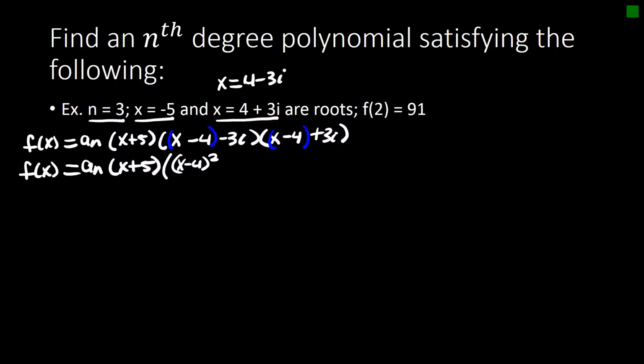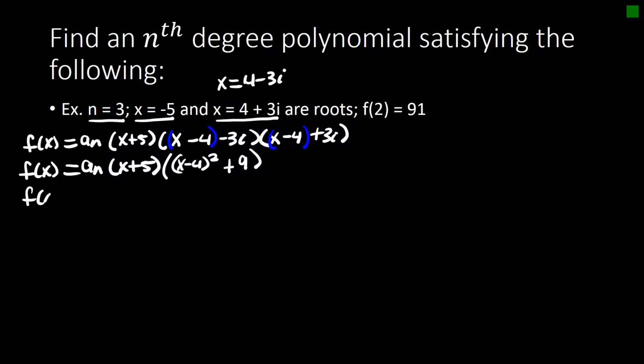If I do x minus 4 times a positive 3i and x minus 4 times a negative 3i, that cancels out. And I have 3i times negative 3i, which is negative 9i squared, which becomes plus 9 because remember, i squared is negative 1.